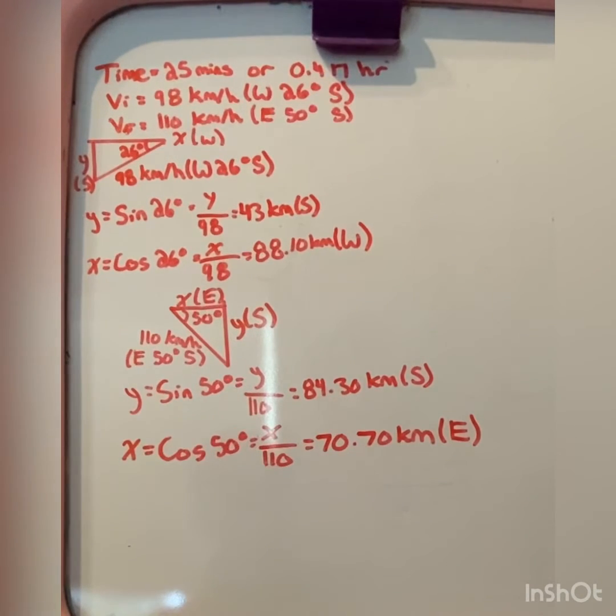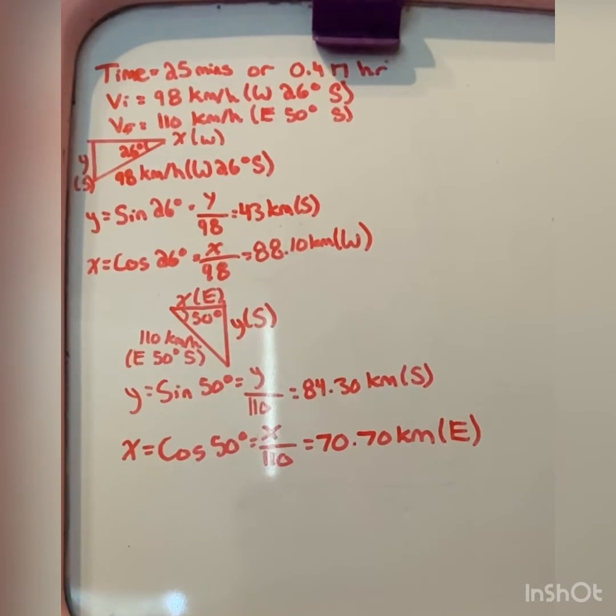For the y vector, we need to use the equation sine theta equals opposite over hypotenuse. Since we are missing the opposite value, we need to multiply the hypotenuse value, which is 98 kilometers per hour, by sine 26 degrees. And we will get 43 kilometers south, and this will be our y value.